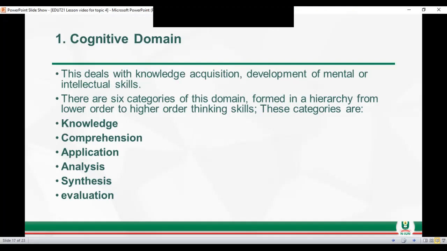So there are also certain action verbs you can use to reflect that in your learning objectives, when setting your learning objectives, when asking questions, because your learning objectives should be able to reflect in the type of questions you ask. You don't set a learning objective at the level of knowledge or comprehension, for instance, which are regarded as the lowest level, and then come and evaluate students using application or analysis, using these higher order thinking skills.